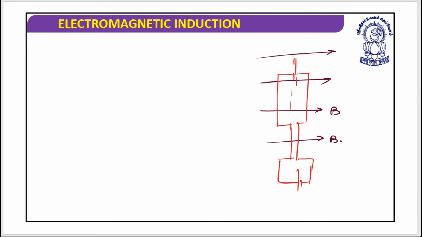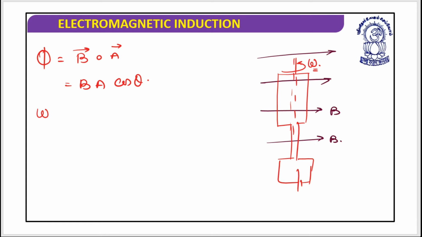As this coil starts rotating with omega, it is going to disturb the magnetic flux. We understand that phi is equal to B dot A, which could be given as BA cos theta.